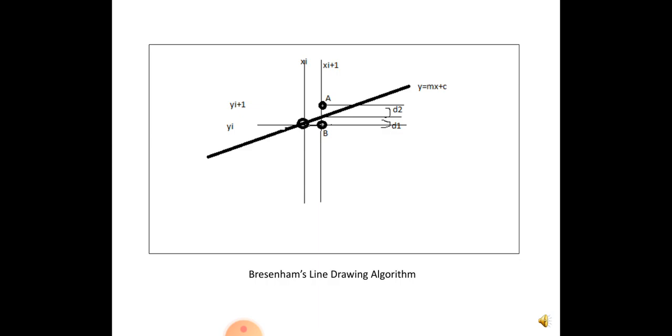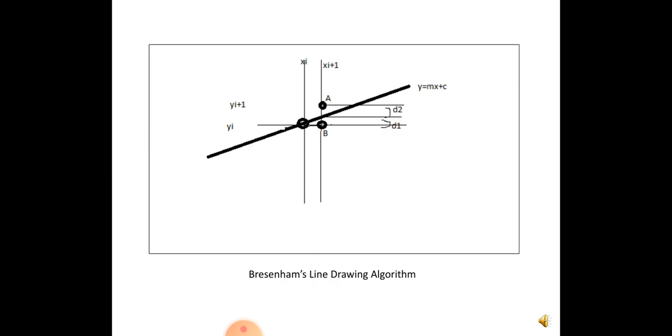Another point you should remember is that the x coordinate always gets incremented by 1. For the line generated by Bresenham's line drawing algorithm, the x coordinate is incremented by 1, and the decision should be taken whether to increment the y value or the y value should remain as it is, depending on that particular iteration.